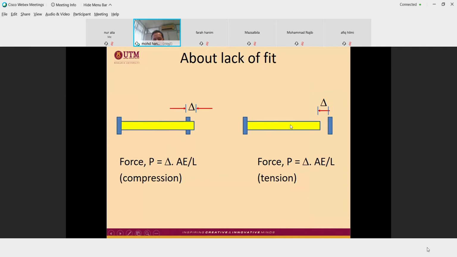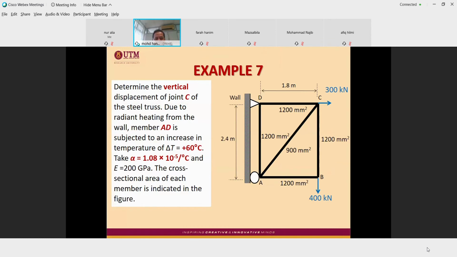But here, the member is slightly shorter than it is supposed to be. So in this case, you have to pull, to force this member to fit to the joint. Then it will be in tension. That's about lack of fit. But there is no example here. This example is only for thermal. There is no example on lack of fit.